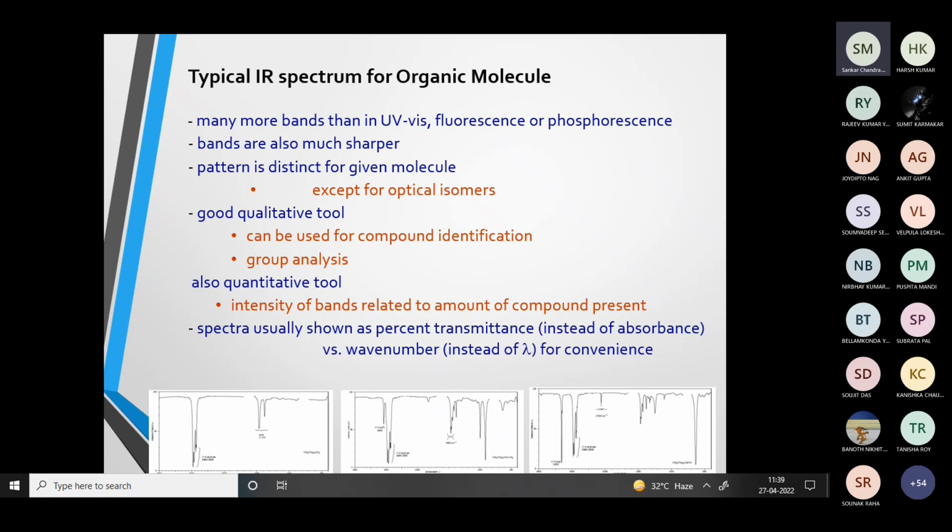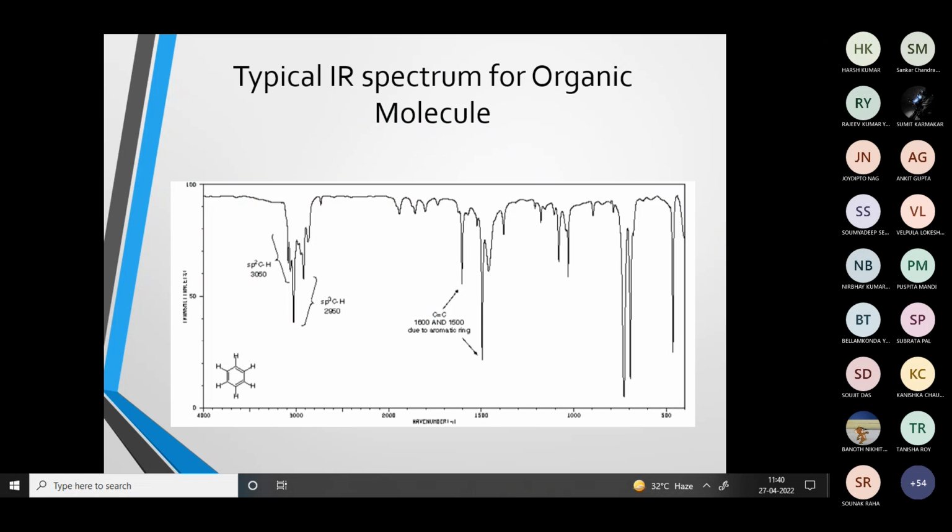Each bond has a particular range given there, but it is not definite, because it is not specific for a particular compound. If you take the spectrum, then you will get its exact wave number. Do you follow me? Yes, sir. But my question was why the carbon-carbon double bond has a lower wave number compared to the CH bond, sp2 and sp3, which is around 3000, while this is around 1500 to 1600. Is there any reason for that, sir?